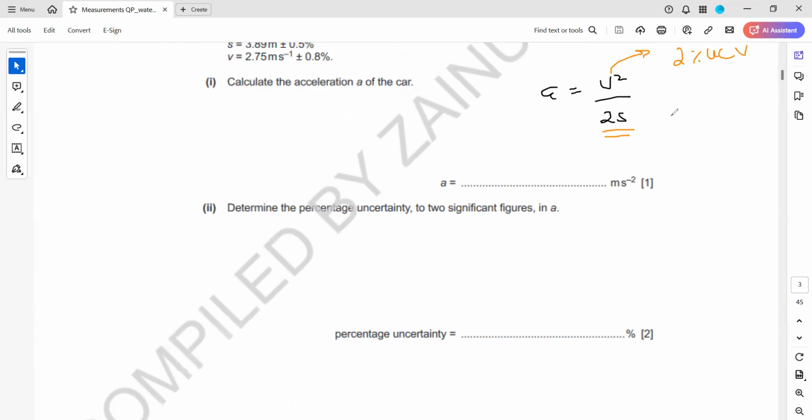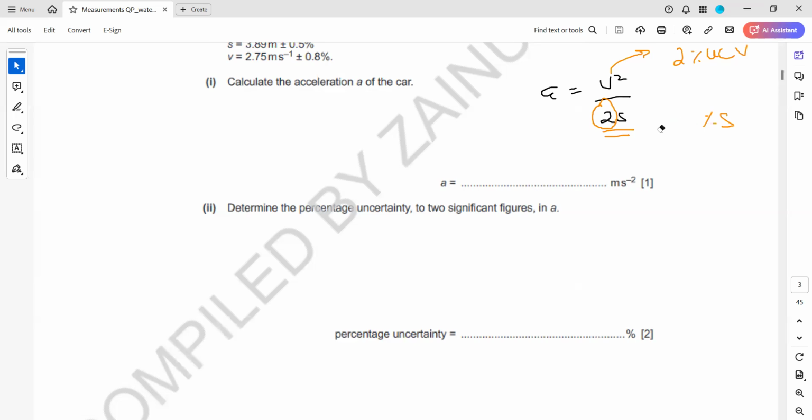The student asked why we did not multiply the uncertainty of the displacement by 2. What is the reason for that? Because 2 is a fixed number. There is no uncertainty in 2. 2 cannot be 2.1, 2.2, 2.3, so it does not make a difference. That is why we did not multiply this by 2. So 2 is a constant here. Is it clear?